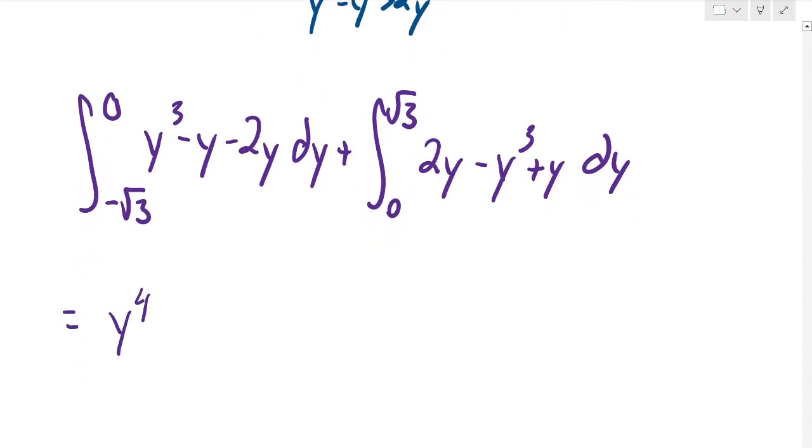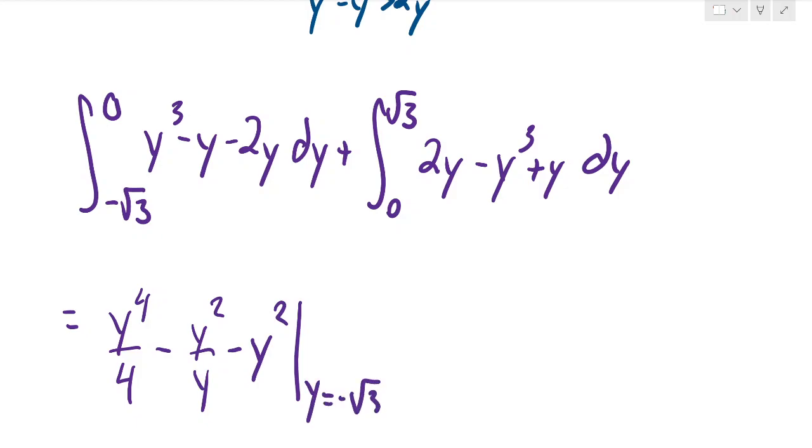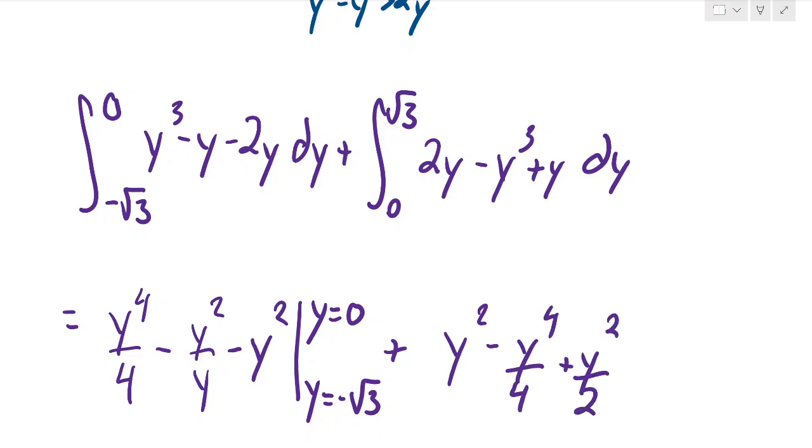We have y to the 4th over 4 minus y squared over 2 from y equals negative root 3 to y equals 0. So we should get some cancellation here, hopefully. Plus y squared minus y to the 4th over 4 plus y squared over 2 from y equals 0 to y equals root 3. Okay.